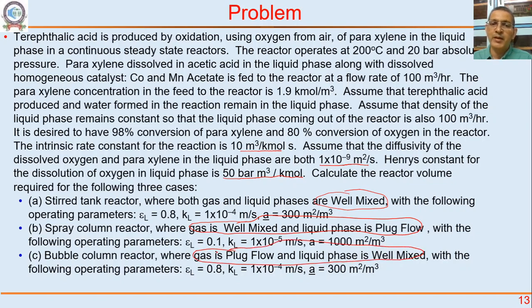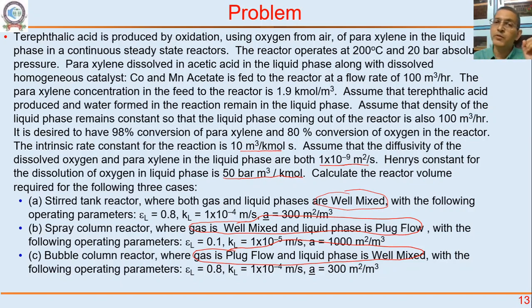Now think about that first lecture where we had characterized the reactors. Now you see in the heterogeneous reaction, what do we need to know? How they are dispersed, co-current or counter-current, mixing, plug flow, well mixed, continuous, steady state, unsteady state, batch, adiabatic, isothermal.